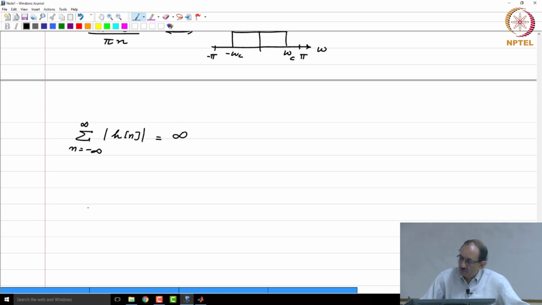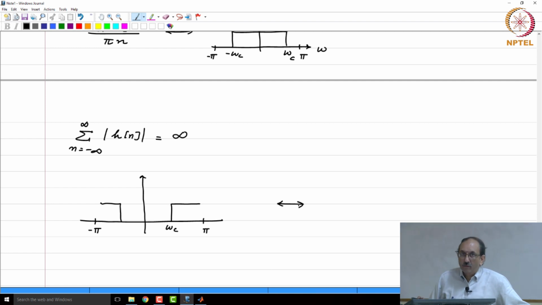And once you have the impulse response of the ideal low pass filter, its counterpart, the ideal high pass filter with the same cutoff, so this impulse response is what?